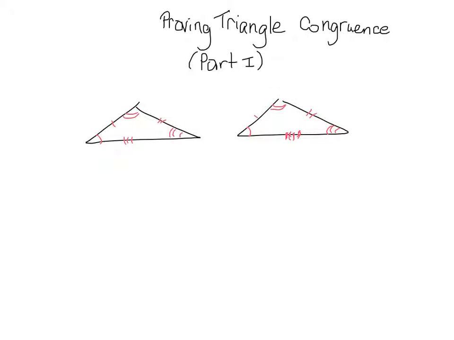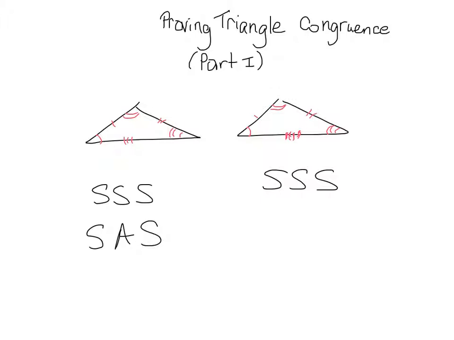Now, the great thing when we're checking for congruence and going to prove congruence, we don't actually have to check all 3 sides and all 3 angles. It's actually enough to check just 3 things. The 3 things could be that we're checking that the sides of one triangle are congruent to the sides of another, or we could check side angle side, which means 2 adjacent sides and the angle in between.